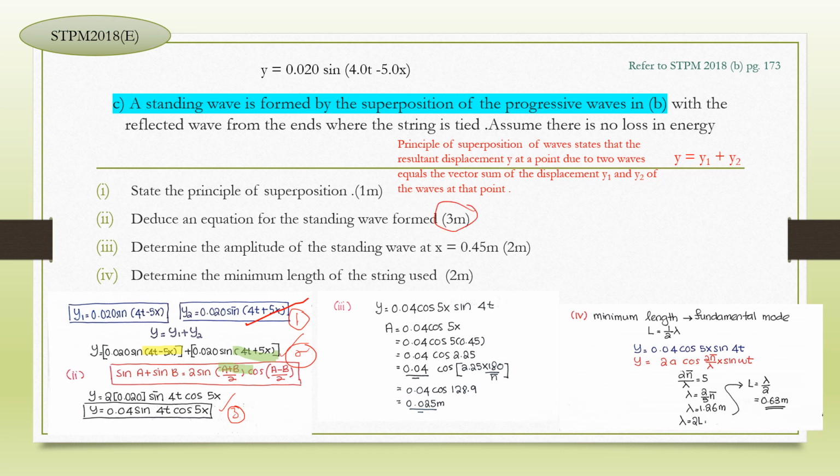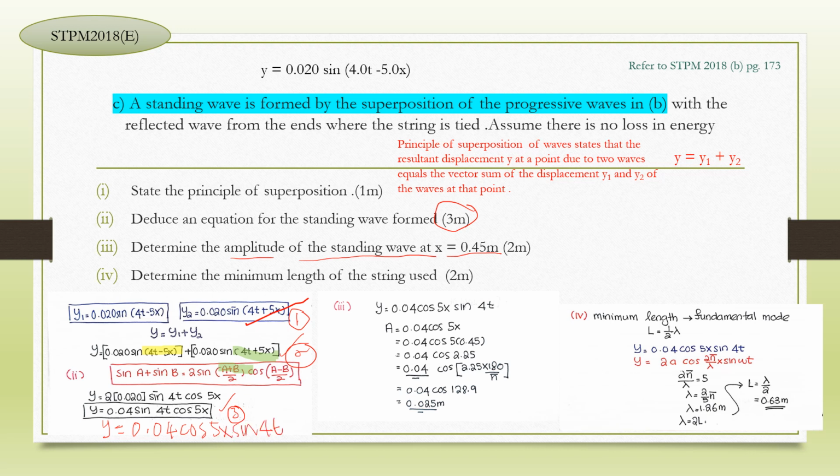Now the next one. Determine the amplitude of the standing wave at x equals 0.45. The question wants to test you by looking at the equation: where is the amplitude? So we have to rearrange the equation of the standing wave, putting cos 5x and then sin 4t.